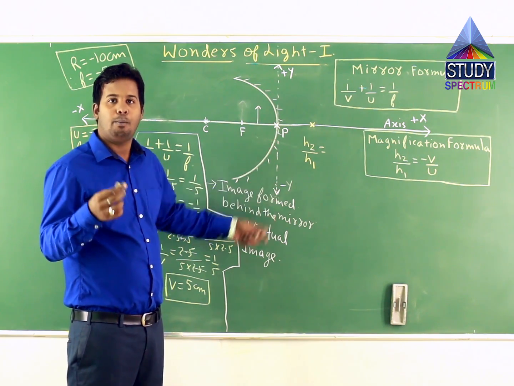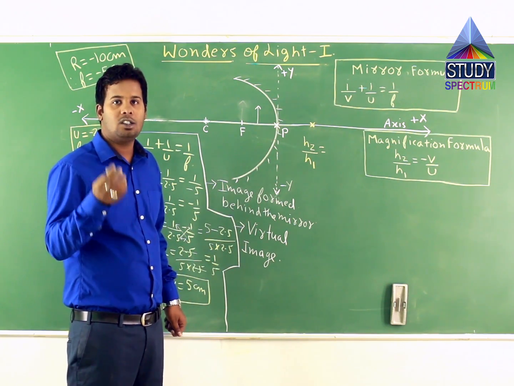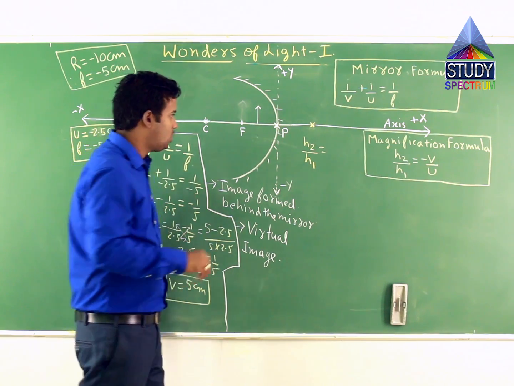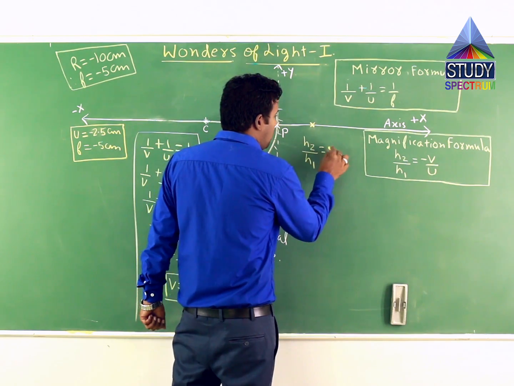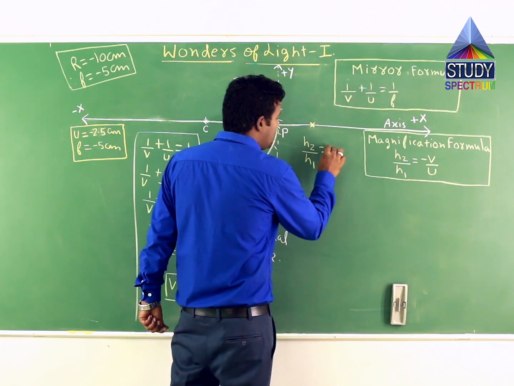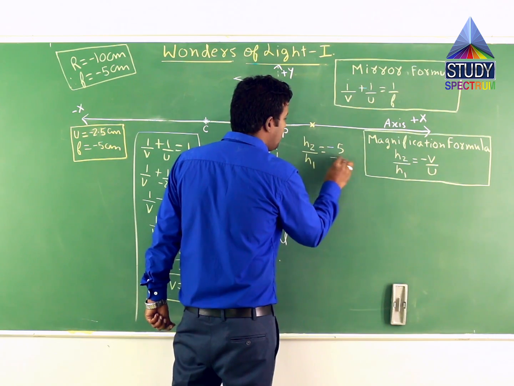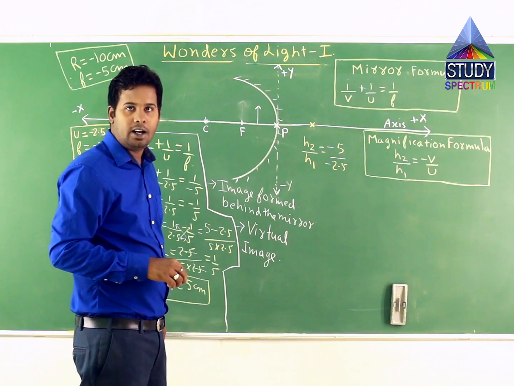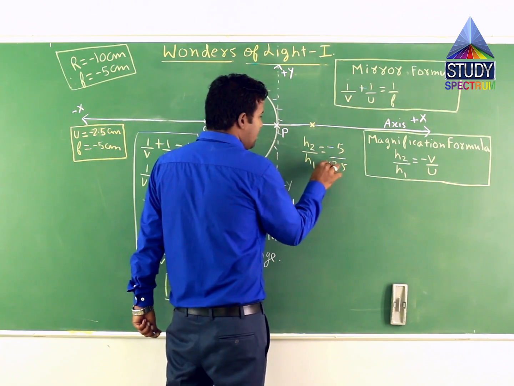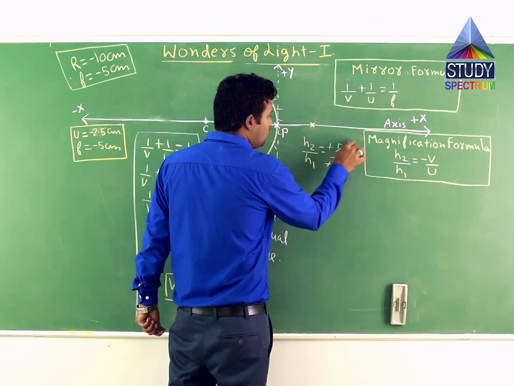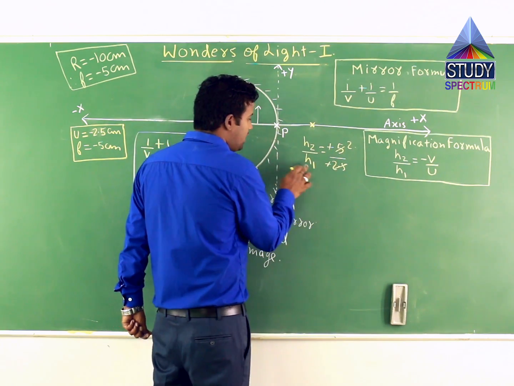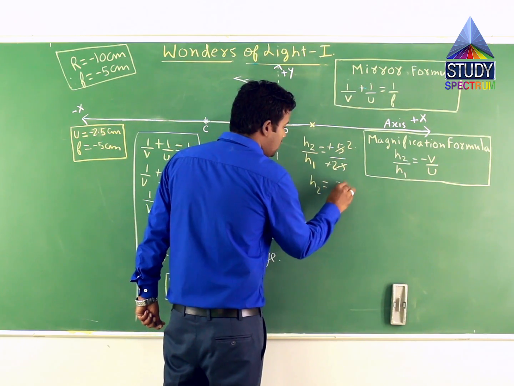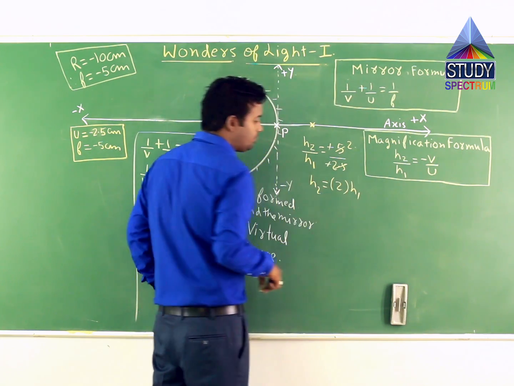I have taken it as minus 2.5 centimeter just for the sake of convenience of calculation in theoretical questions. So after substituting these values of v and u, it becomes minus 5 upon minus 2.5. Correct? So this minus gets cancelled. 2.5 into 2 is 5. So if I take h1 on the right hand side, this h2 becomes 2 times h1.